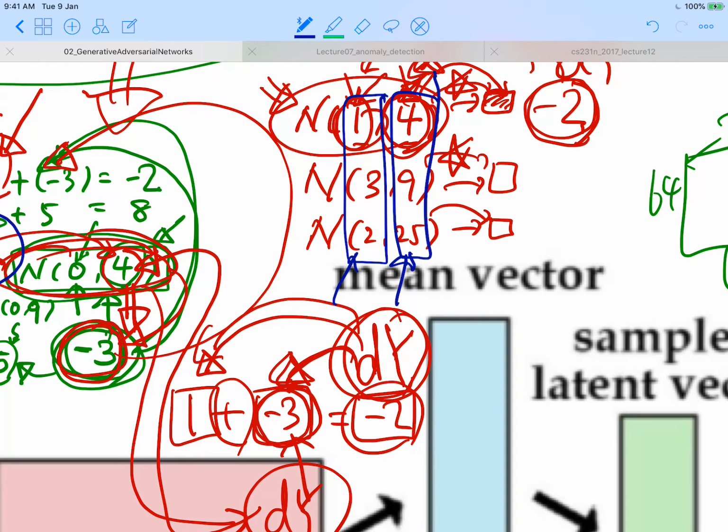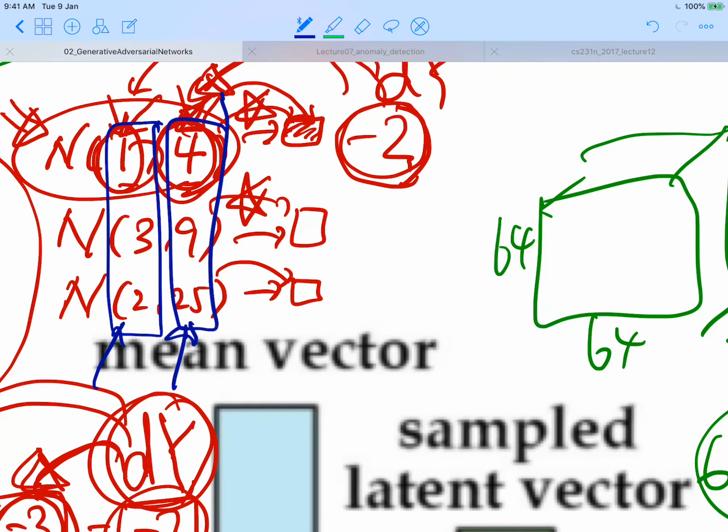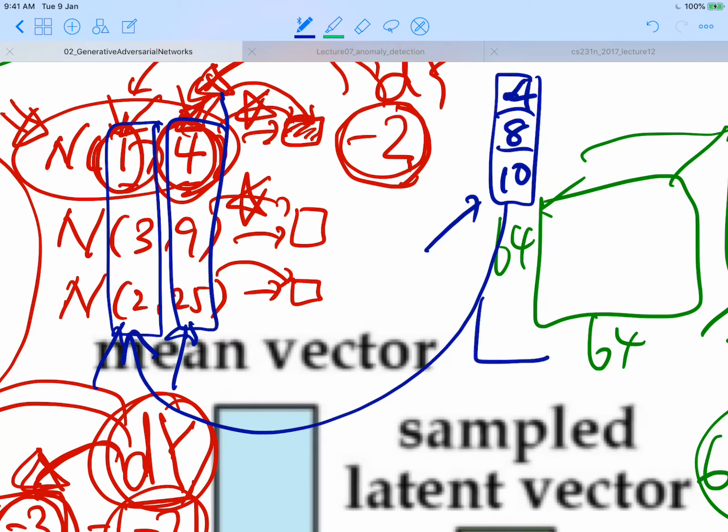Suppose this is the mean value for the second image.